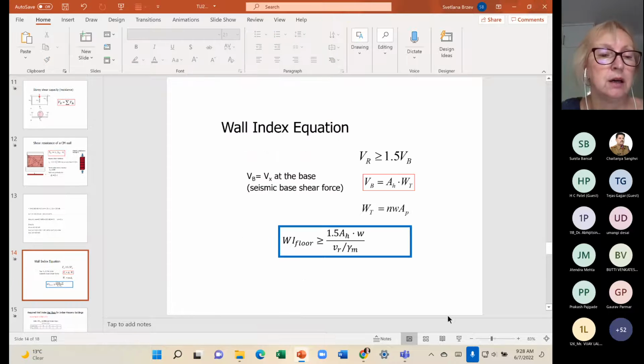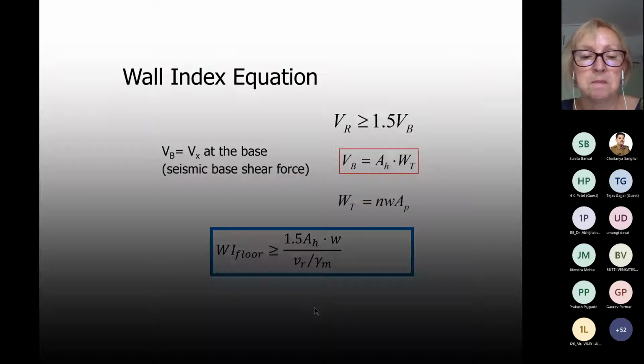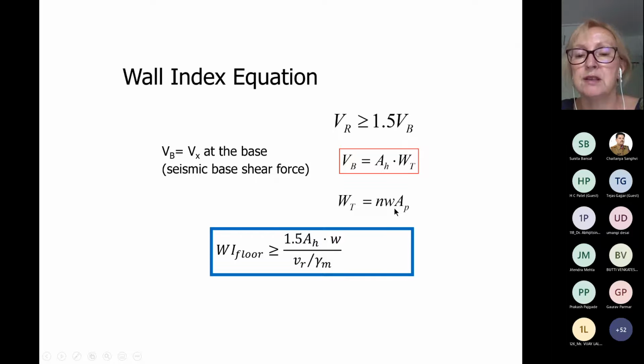And then in that equation, which is shown here, we have AP, which is part of this WT equation, and therefore WT is on the right-hand side, VR is on the left-hand side. And if we divide AW from the left-hand side over AP on the right-hand side, then we get wall index per floor.